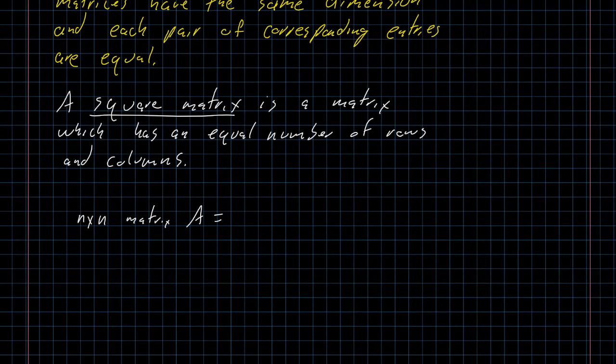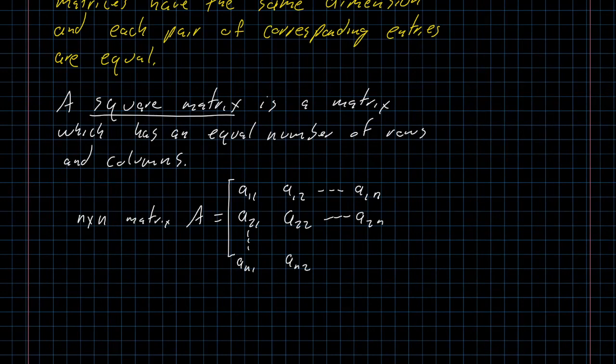And for purposes of the next definition, it is worth taking the time to write out an n by n matrix A, which has entries A11, A12, down through to A1n, A21, A22, down through to A2n, all the way down to An1, An2, and all the way over to Ann.